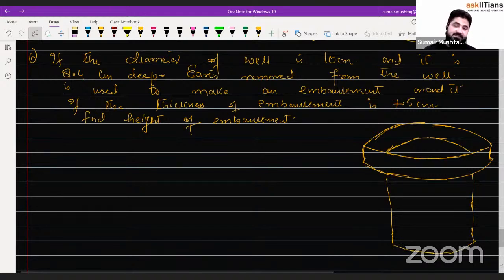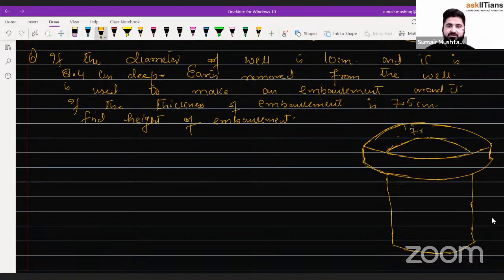See, this width, that means the thickness of this embankment, is given to be 7.5. Can I say this is 7.5 this much? You have to find the height of this embankment.